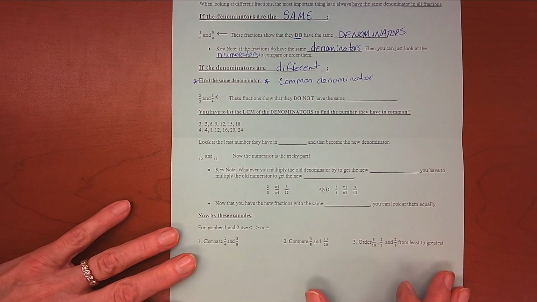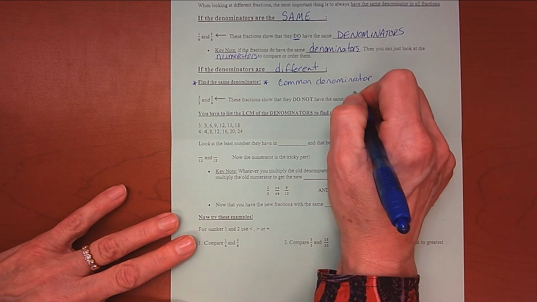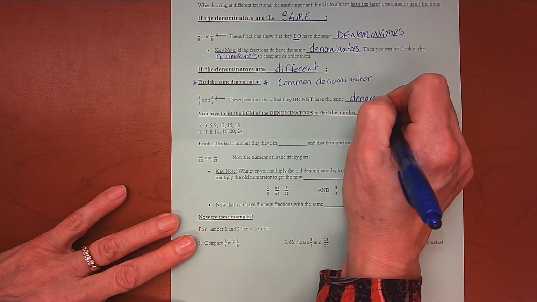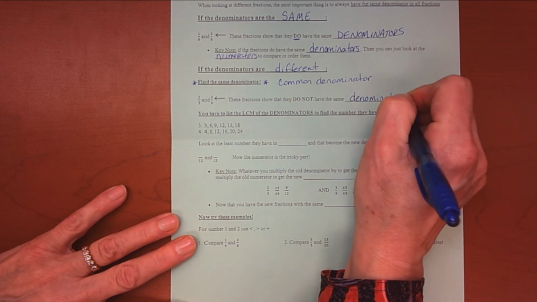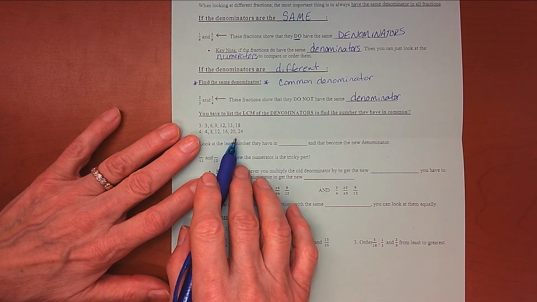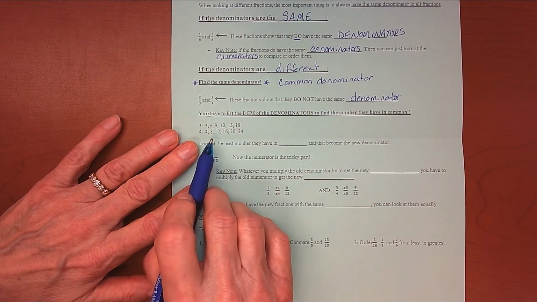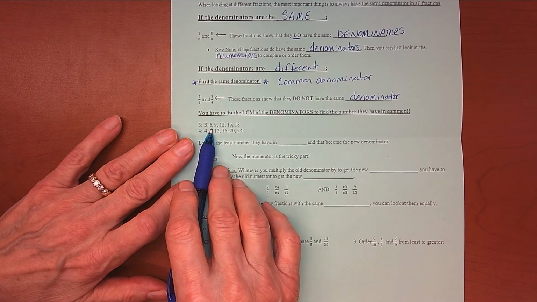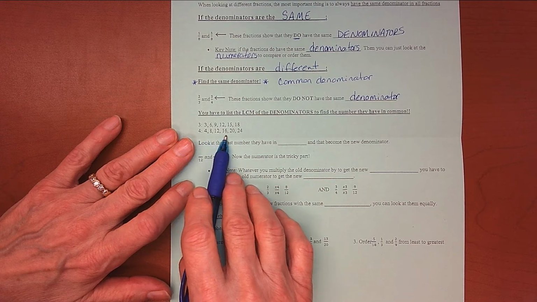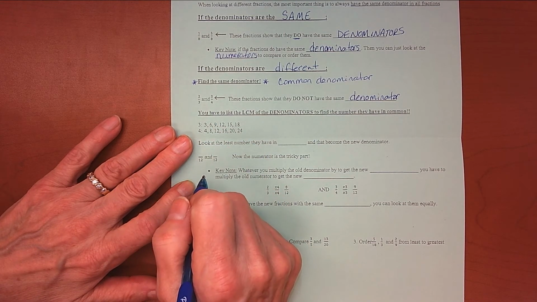So 2/3 and 3/4, they do not have the same denominator. So we're going to find the common denominator, or the LCM, and one way to do that is to list the multiples of each number until you find the lowest common multiple.